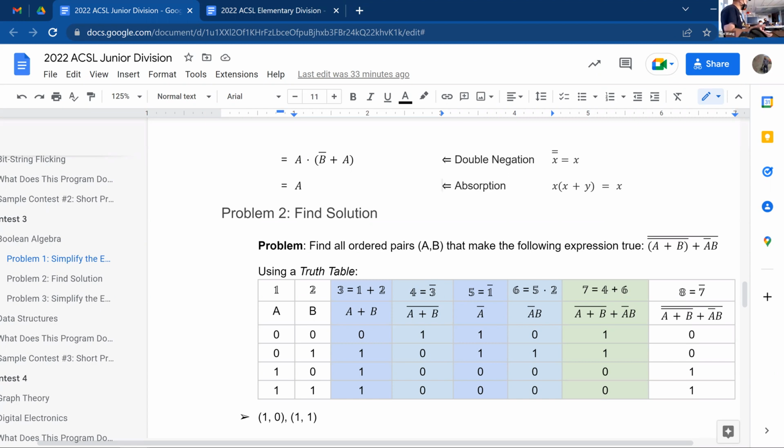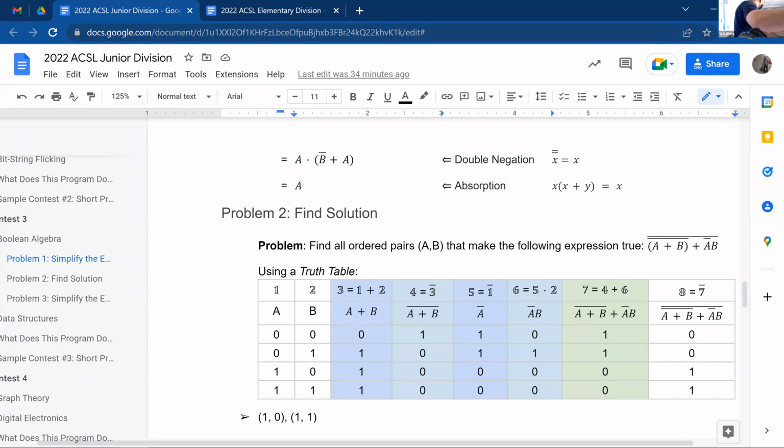Now this becomes 0, so 0 or 0 is 0, and not 0 and 0 is 0. Then not 0, not is 1, and not 0, not is 1. 1 or whatever is still 1.